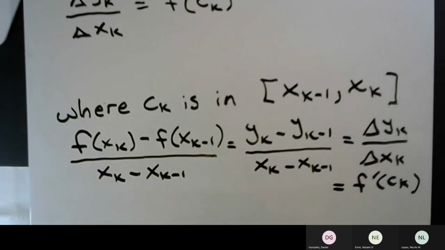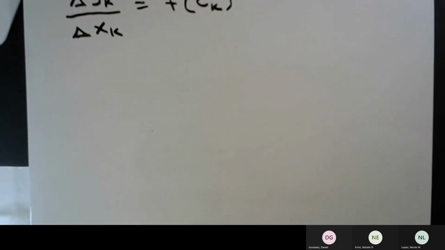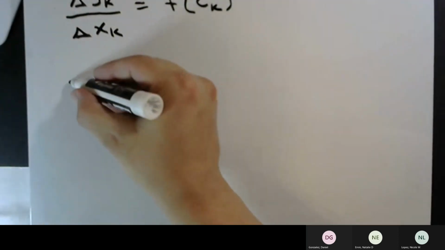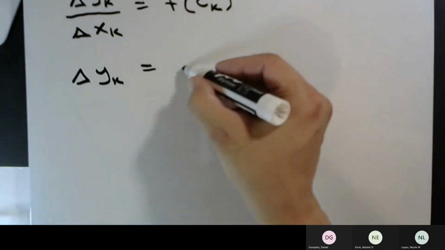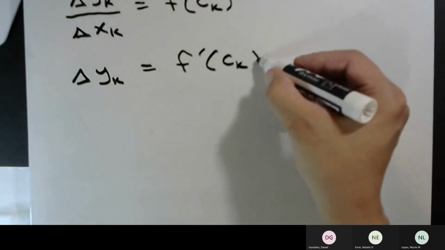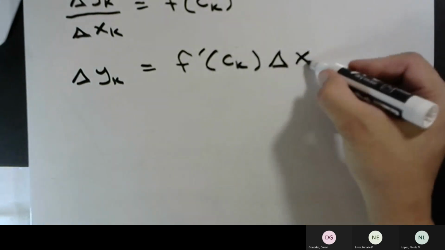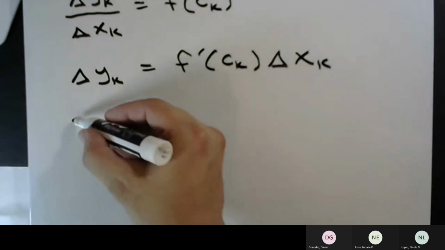And this means we're solving for delta y. So delta yk equals f prime ck times delta xk. So now we're going to go back to lk.